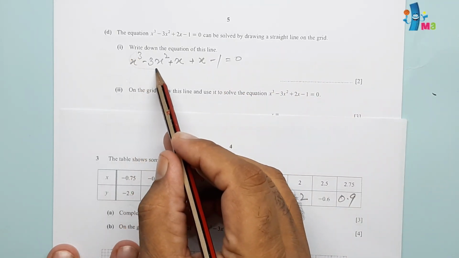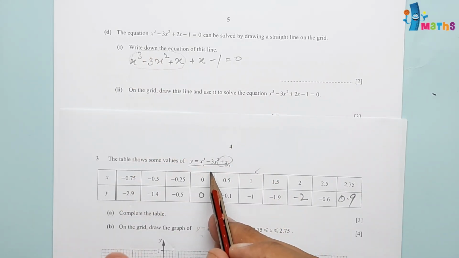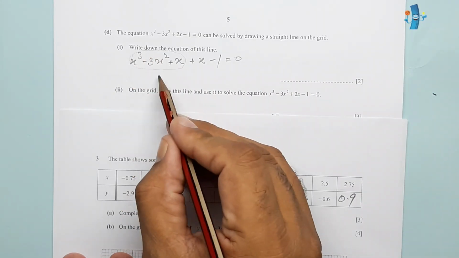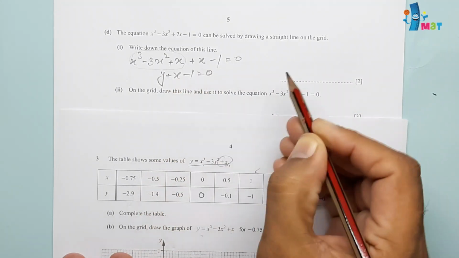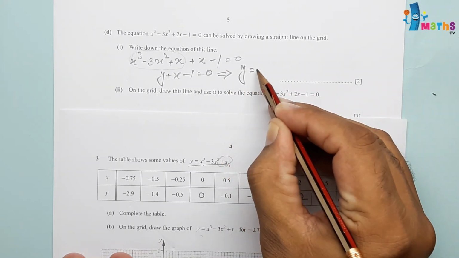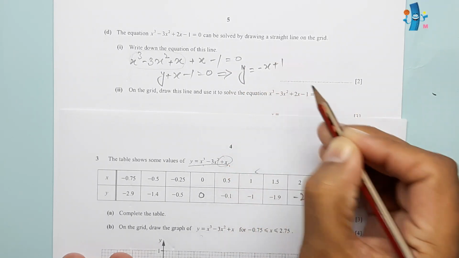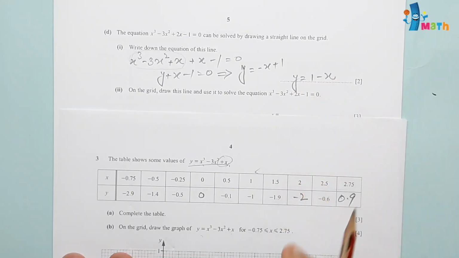If you see, this part is equal to y, which is given at the start of the question, so we can write y plus x minus 1 is equal to 0, which implies y is equal to minus x plus 1, or you can write y is equal to 1 minus x. So this is the equation which is required.